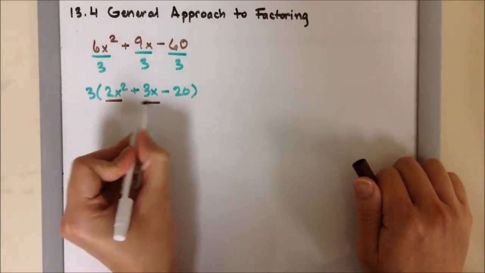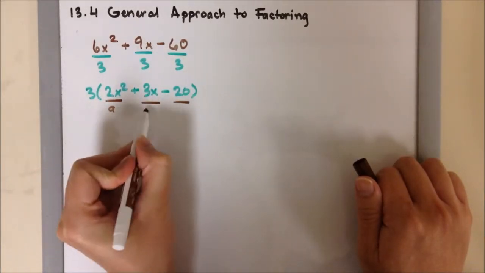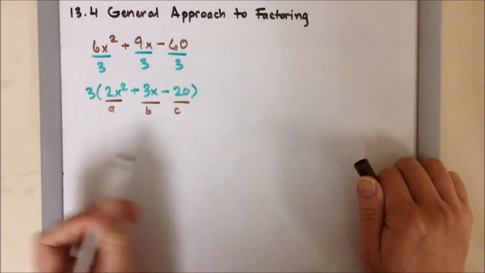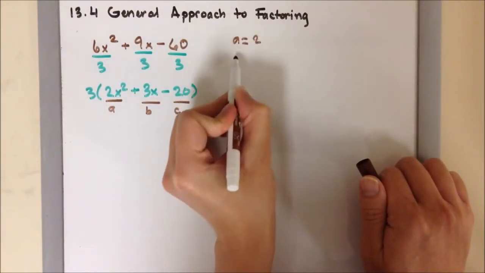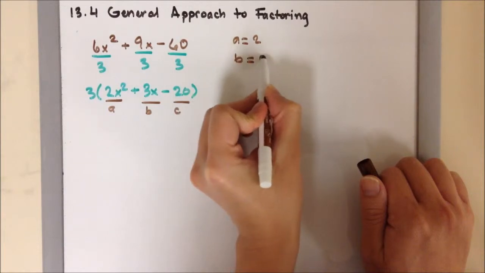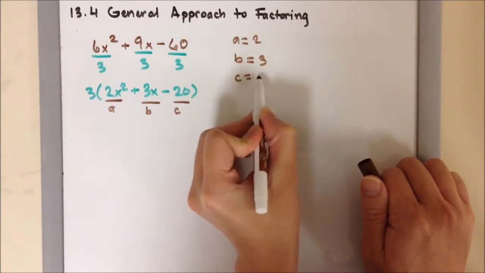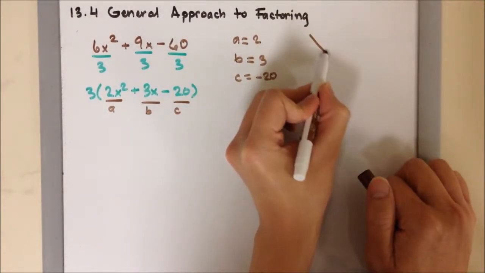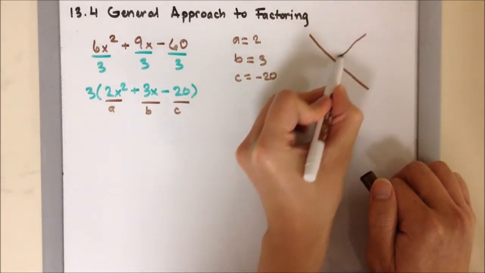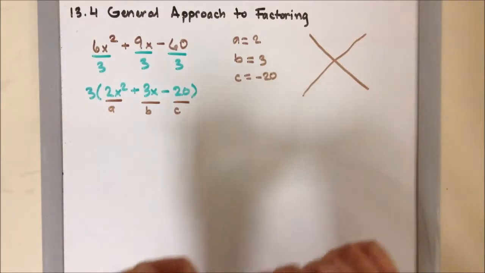Here I underline this is my A, B, C. A is 2, B is 3, and C is negative 20. So this is factoring a trinomial where A is not 1.